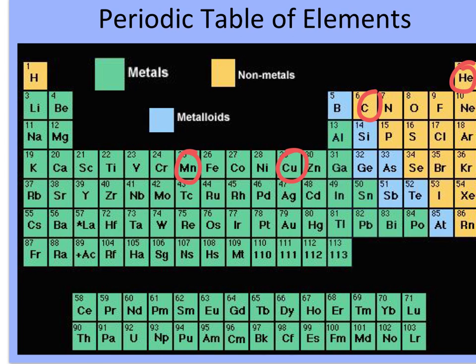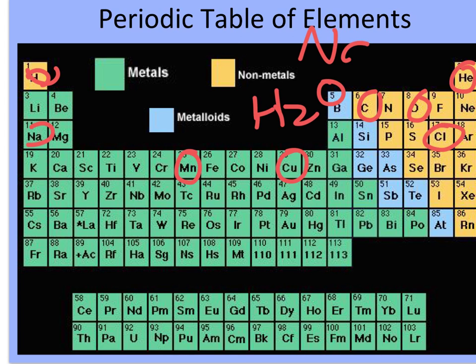You can combine some of them. For example, if you mix hydrogen and oxygen, you can make water. And if you take sodium and chlorine, you can make table salt, which is sodium chloride. Okay, so the entire world is made up of combinations of different atoms and elements.